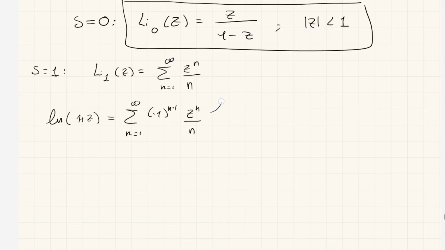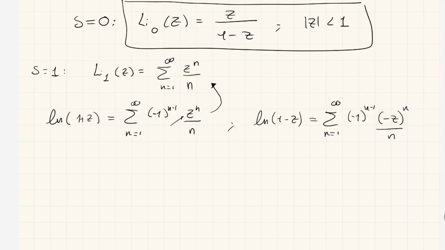Look, we have something very similar, but not exactly the same. So what happens if we take the natural log of 1 minus z? We can just switch z for minus z in this expression and see what happens. This is going to be the sum from n equals 1 to infinity of negative 1 to the n minus 1 times negative z to the n over n.